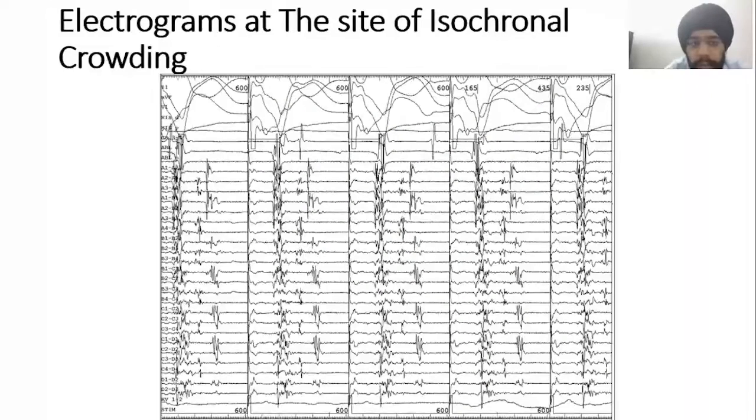On seeing the electrograms in the area of isochronal crowding, we could see these continuous signals which represent conduction delays. And this zigzag discontinuous conduction could be either through the endocardium or it could be the circuit going from endo to myo to epi and then coming back.